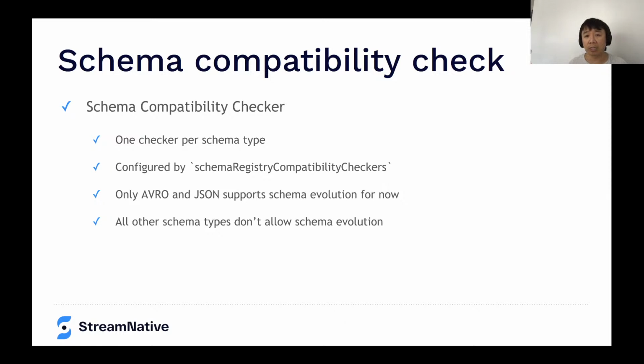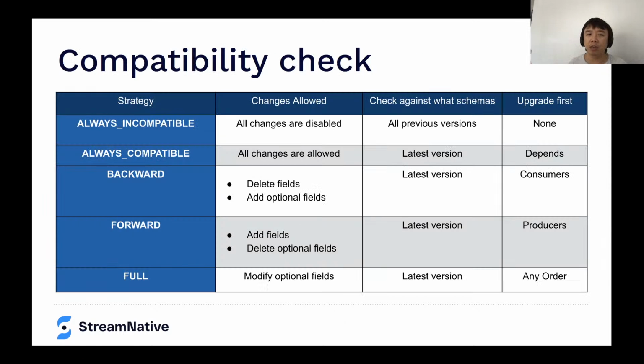But in terms of strategy, we actually have a bunch of strategies. Most people would know backward, forward, and full. And I think from the naming you probably already know: always incompatible means you are not allowed any schema evolution. You just have one schema, and any future schema changes would be disallowed.